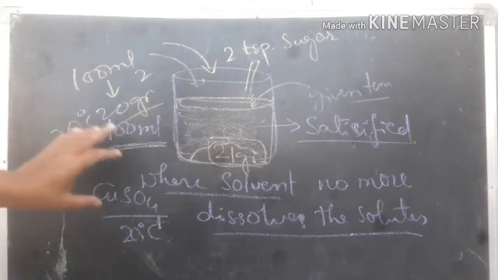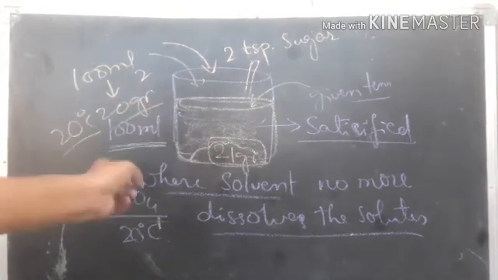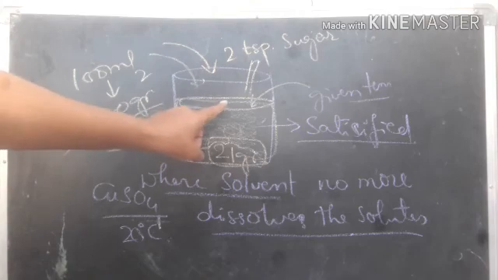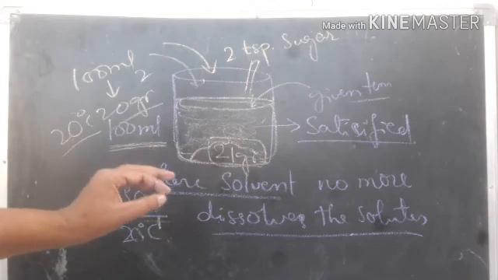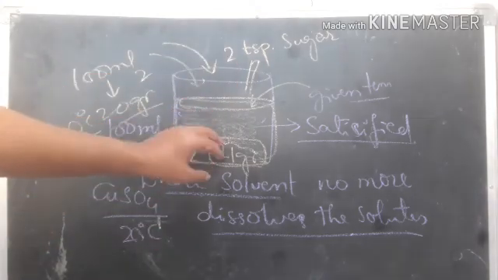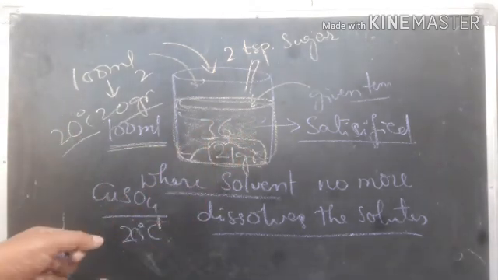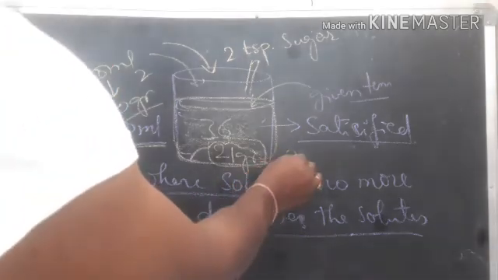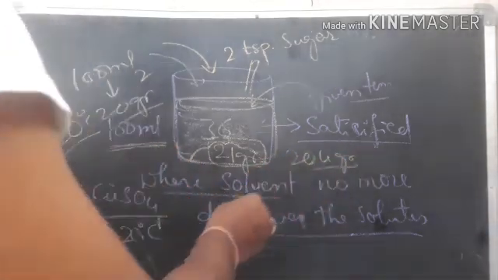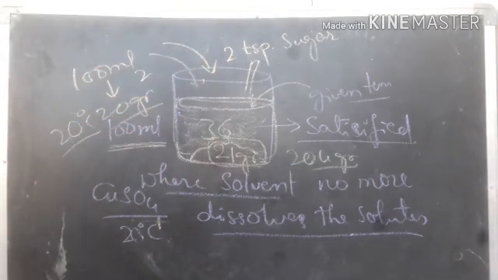If you add potassium nitrate instead of copper sulfate, then 32 grams is enough. If you are adding salt, then 36 grams of salt can be dissolved in 100 ml of water. And if you want to add sugar, then 204 grams can satisfy the 100 ml of water. So this is about saturated solution.